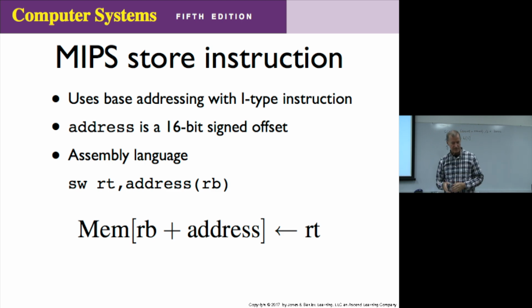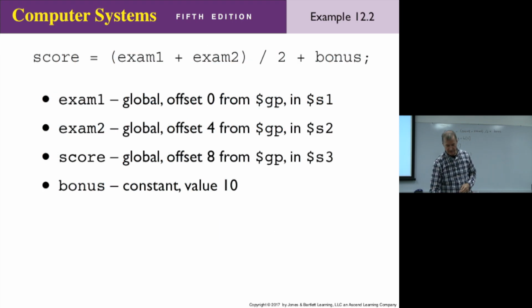The assembly language format is SW, RT, comma, and then the address, with parentheses around RB, the base register. So in this particular case, mem sub base register plus address is the destination. Okay? Is everybody clear on that?